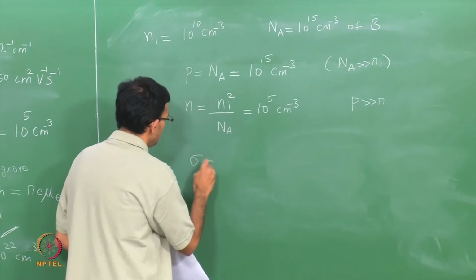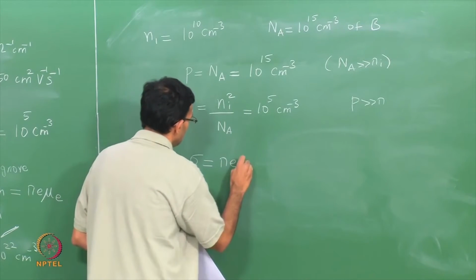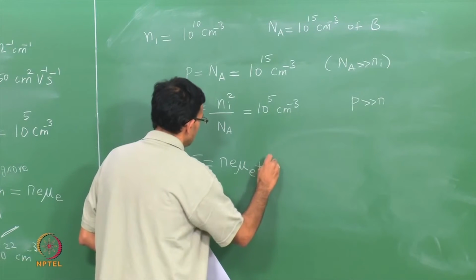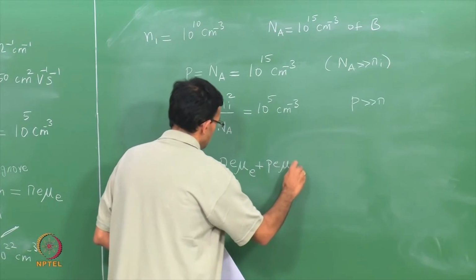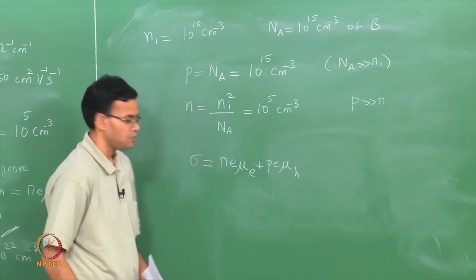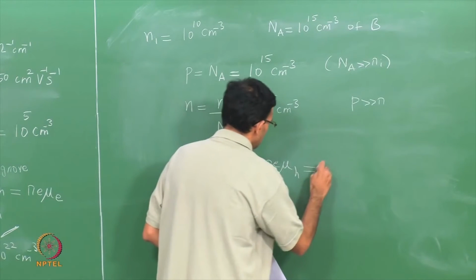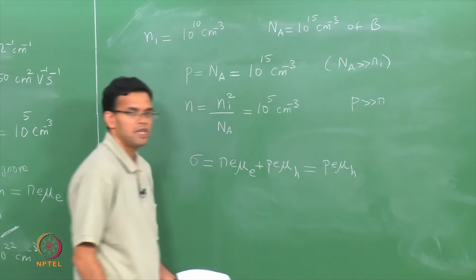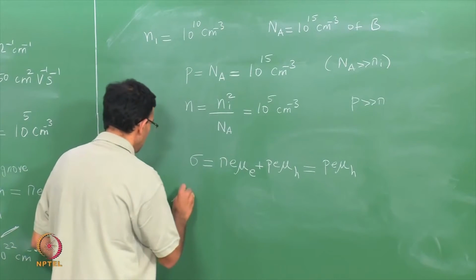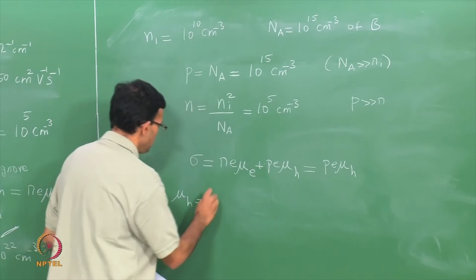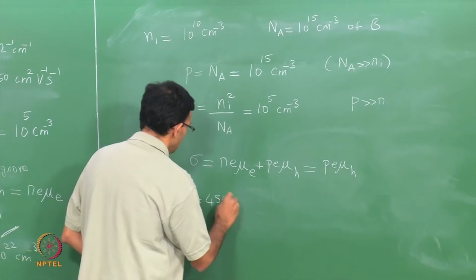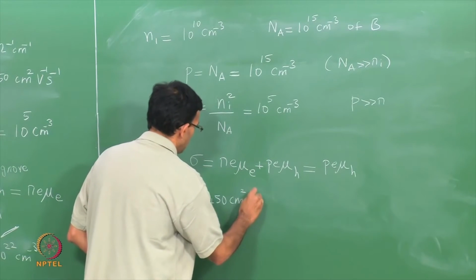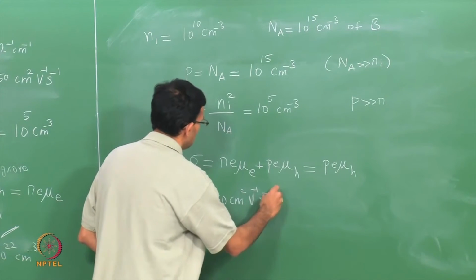So, your conductivity equation, which is N e mu E plus P e mu H, will be just P e mu H. And once again do the numbers. In the case of silicon, mu H is around 450 centimeter square per volt per second.